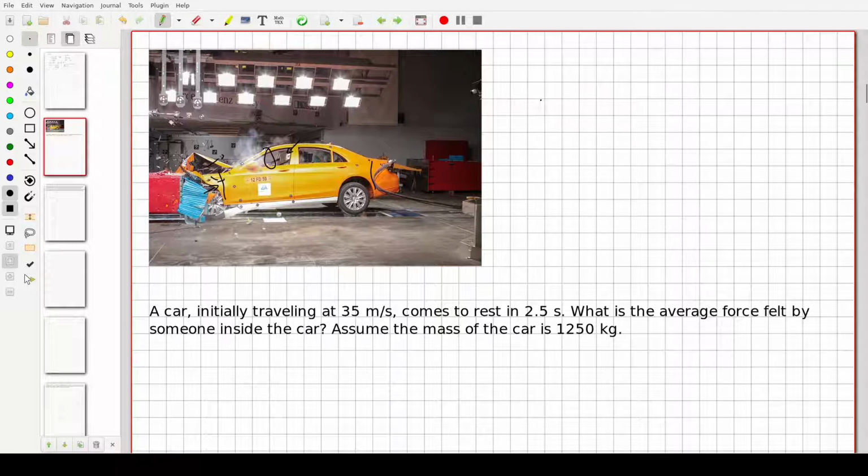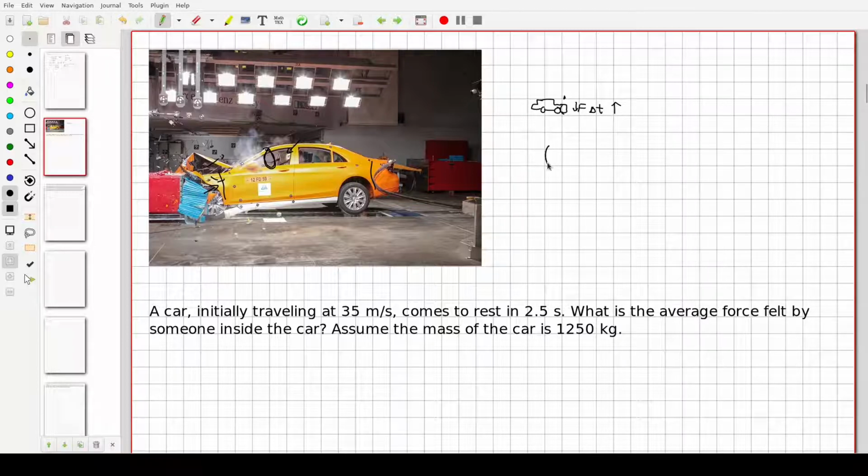So if your car gets into a collision with someone, we'll say the front's hit, what it does is crumple like the glove and cause the duration of the collision to go up. And what that means is that the average force felt by the car and also by the person on the inside goes down. Okay, that's the same purpose that airbags have.